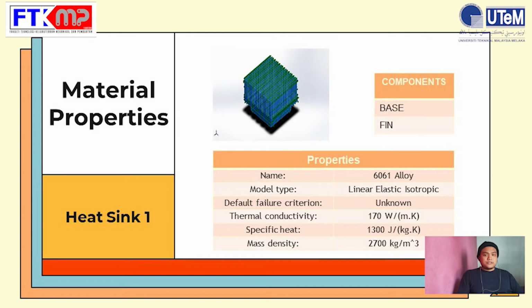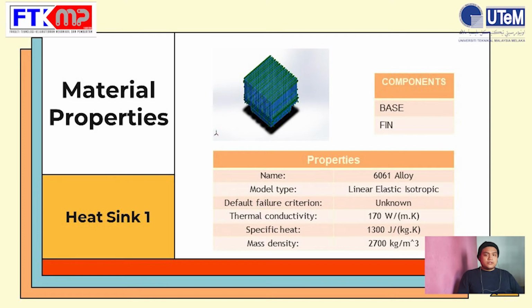Today I will take over the material for heatsink 1. Heatsink 1 is divided into two components, which are the base and the fin. Heatsink 1 uses 6061 alloy. The model type is linear elastic isotropic. The default failure criterion is unknown.